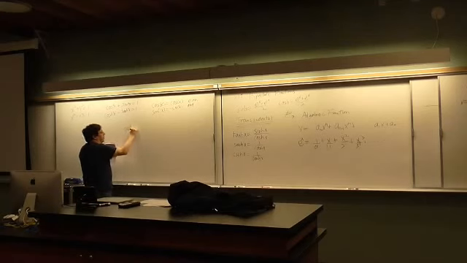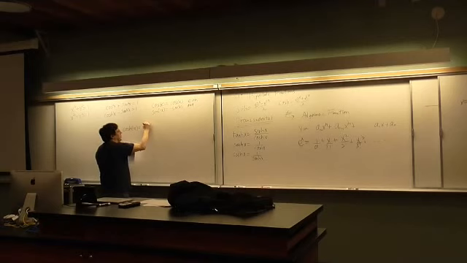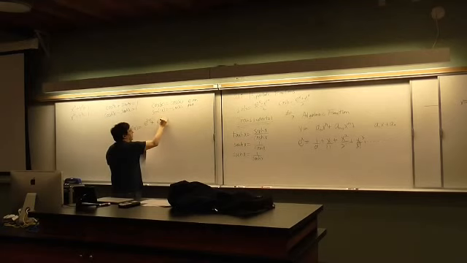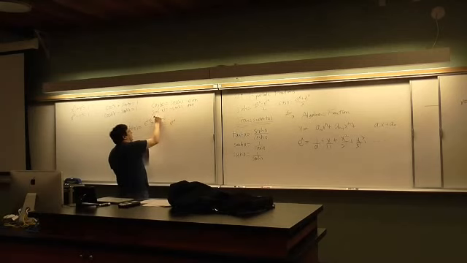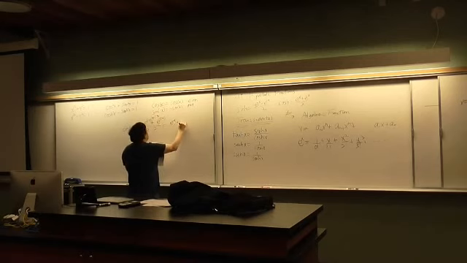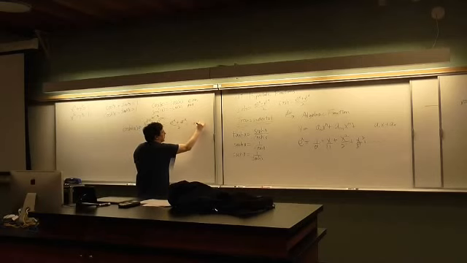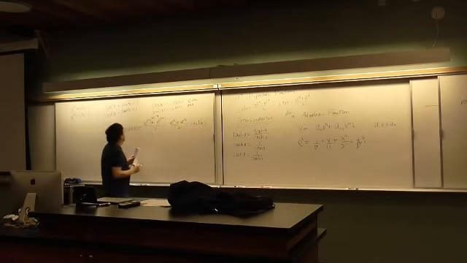Hyperbolic cosine of minus x, by definition, is e to the minus x plus e to the x over 2, which is just e to the x plus e to the minus x over 2, switching these in position. That is just the hyperbolic cosine.